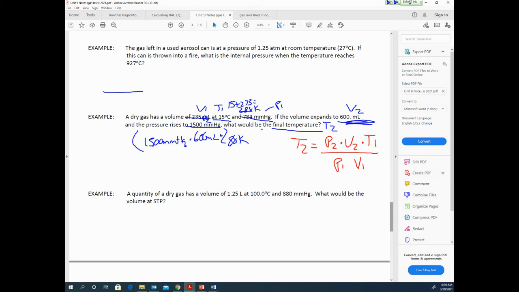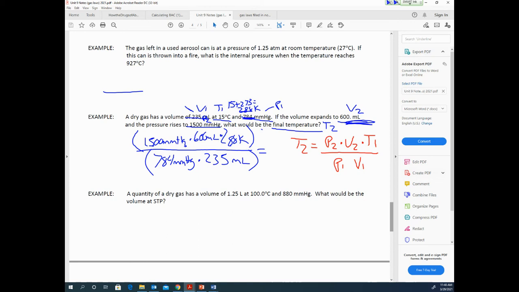So those are all going to be multiplied together, and they're divided by P1. P1 was over here, 784 mmHg times V1. And V1 was 235 milliliters. That will equal T2 when I solve for this.